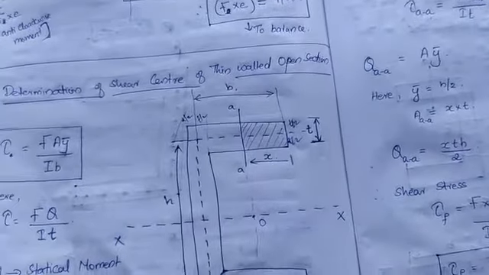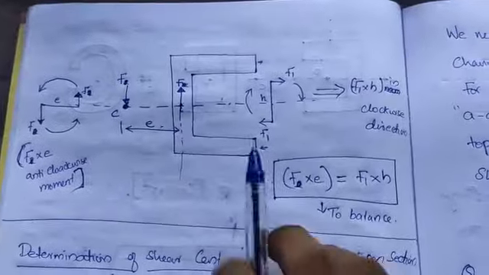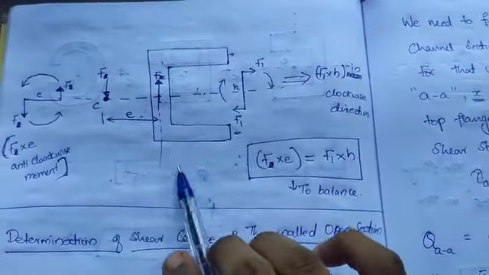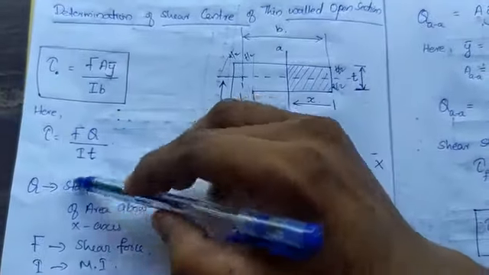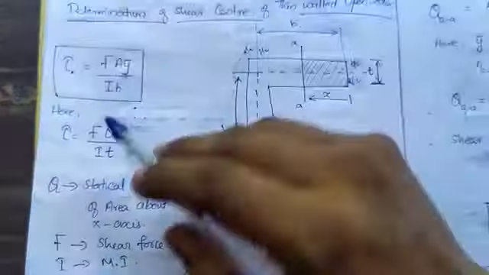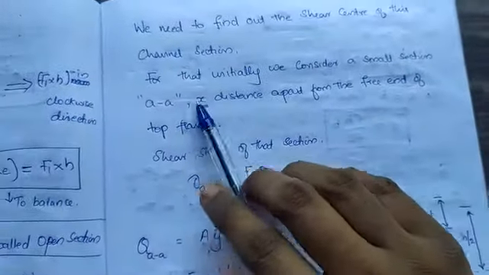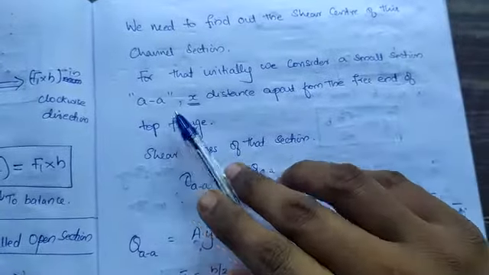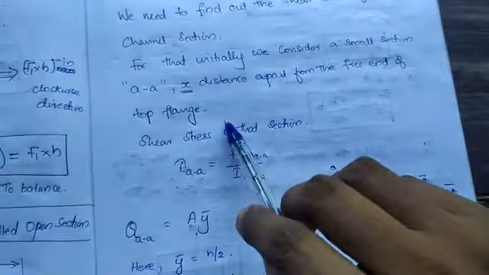So bringing up the concept that we have discussed here, you need to apply it here. Before that, we need to solve this: tau is equal to F Q by I t. So we need to find out the shear center of this channel section. For that, initially we consider a small section AA, x distance apart from the free end of the top flange.